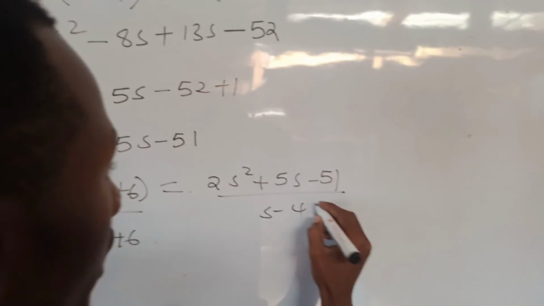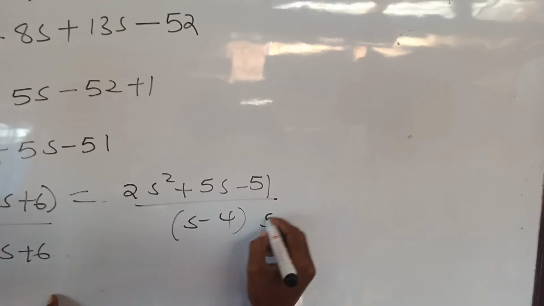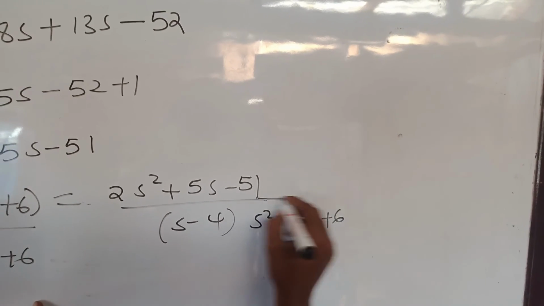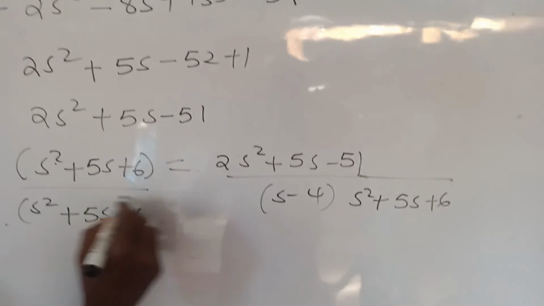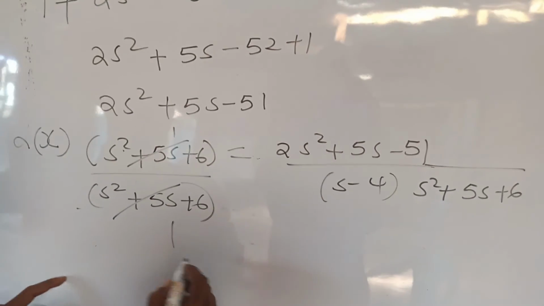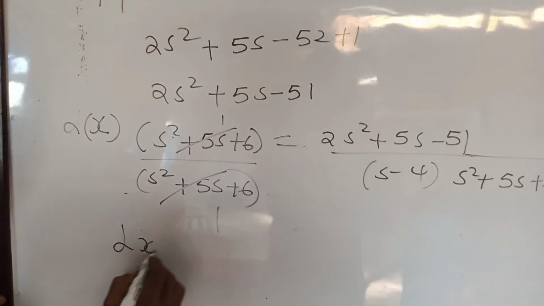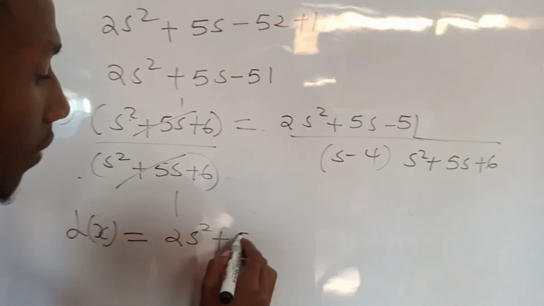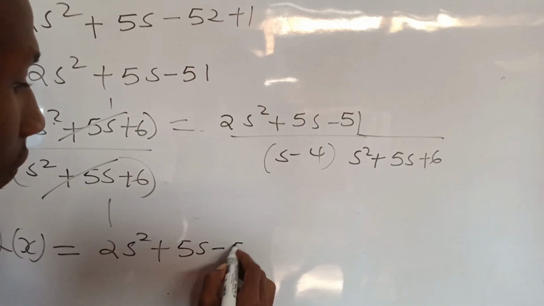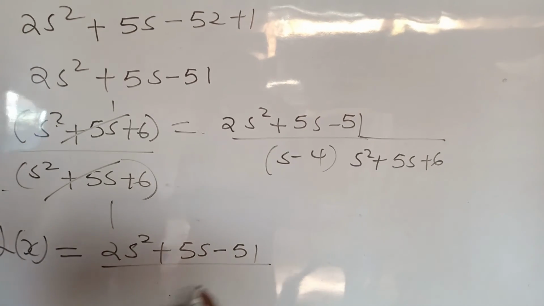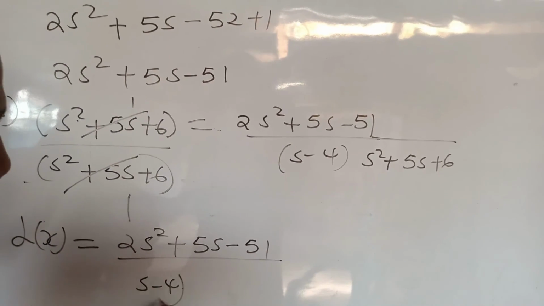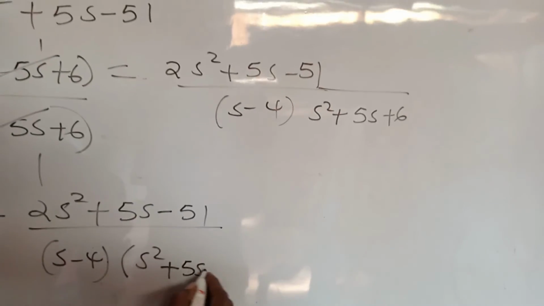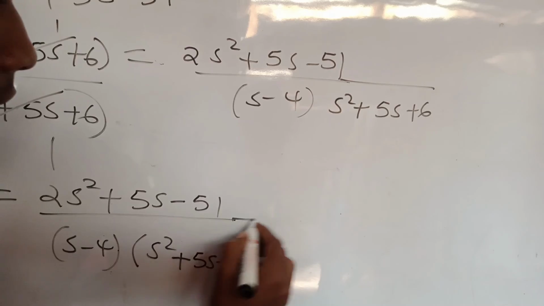So divide also this side by s squared plus 5s plus 6. So this value and this one cancel. So you remain with L of x is equals to 2s squared plus 5s minus 51 over s minus 4 into s squared plus 5s plus 6.